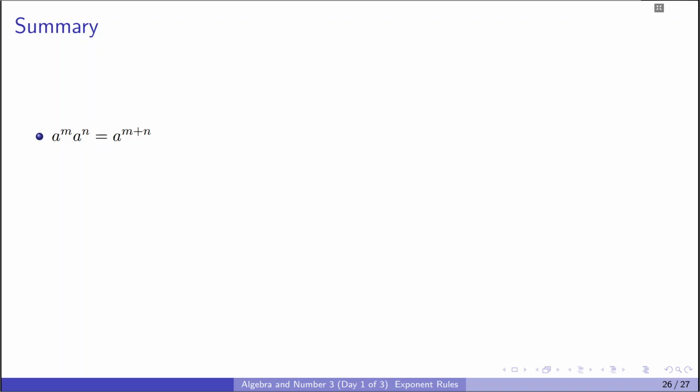In summary, the product of two numbers that have a common base and different exponents, we add the exponents. We subtract them if we're dividing. If we have an exponent with an exponent, we multiply them. And if they're side by side, they can be treated as one, but they have to be part of the bracket.